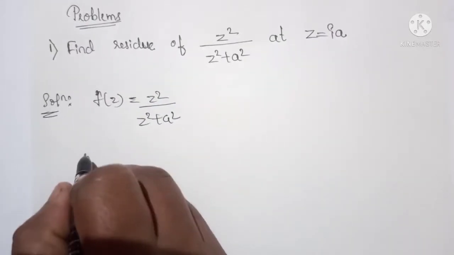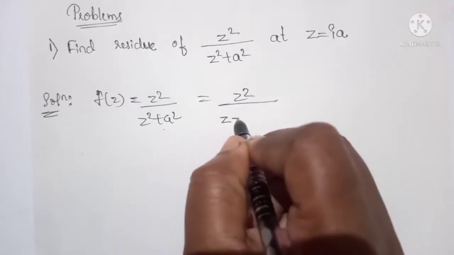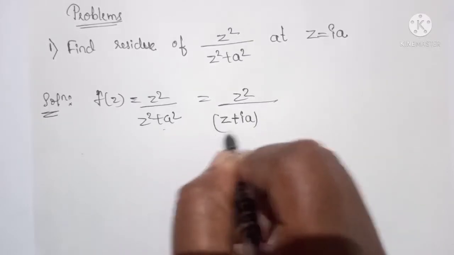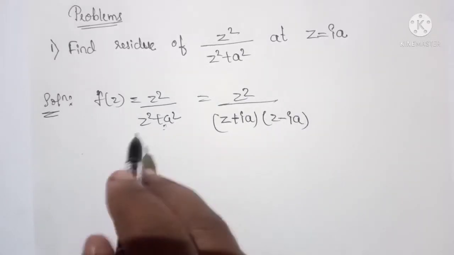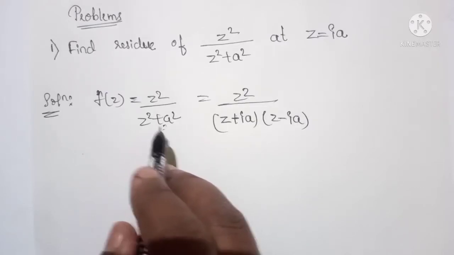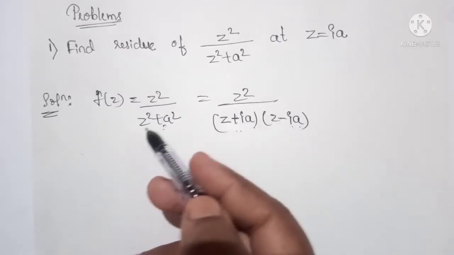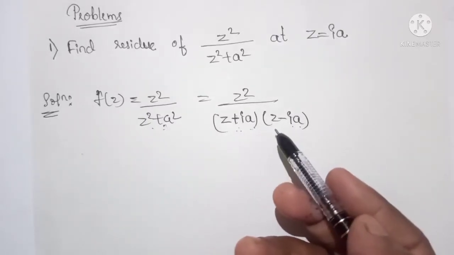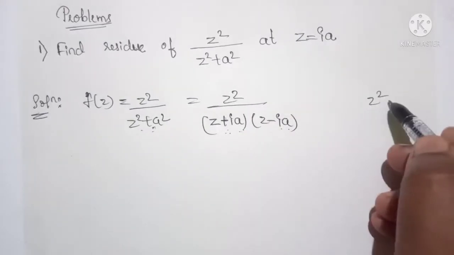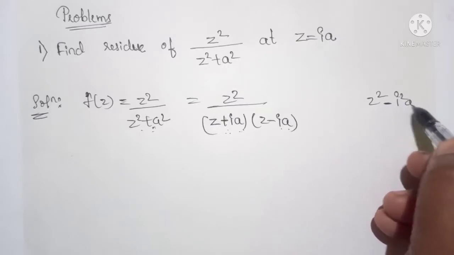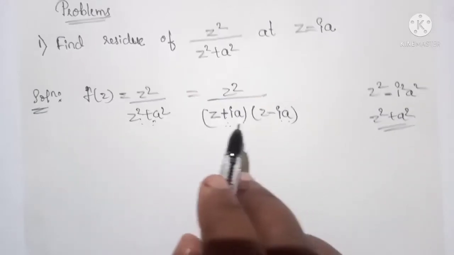The denominator can be represented as z plus ia into z minus ia, because a square can be written as minus i square a square. So z plus ia into z minus ia, in the a plus b, a minus b form, after simplifying we get z square minus i square a square, which is equals to z square plus a square only.